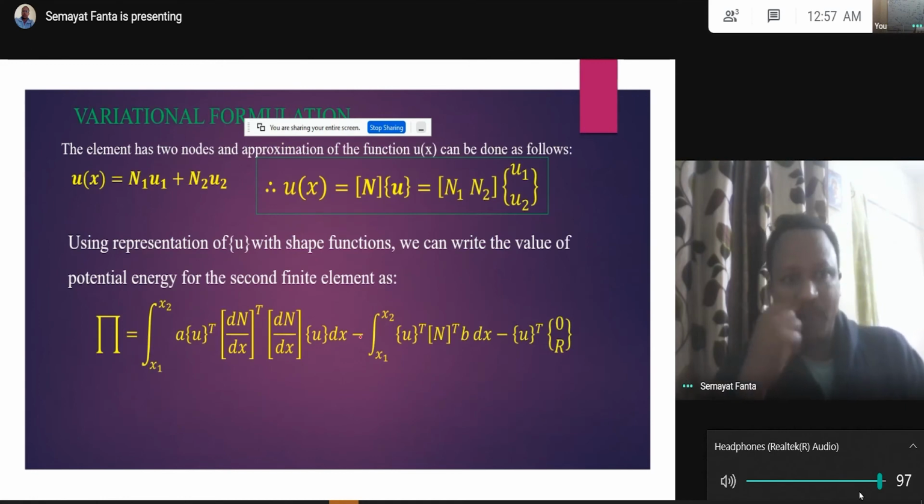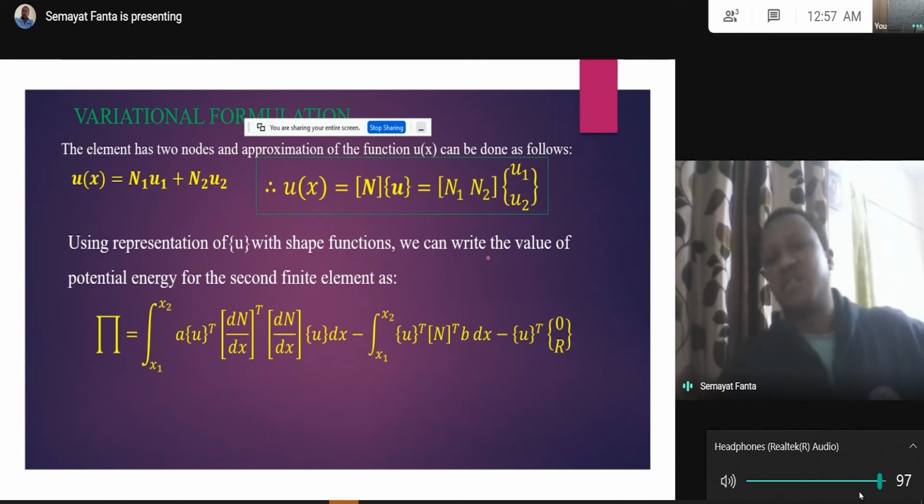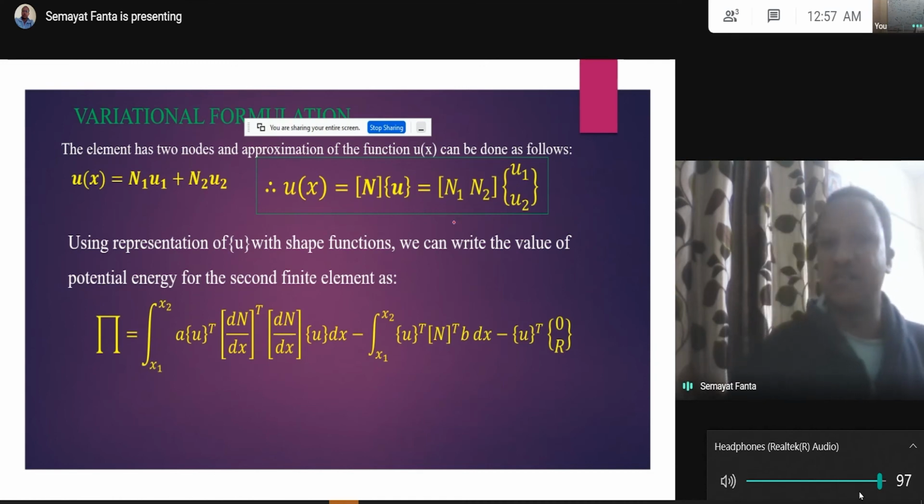The diagram has two nodes, and approximation of the function of x can be done in this form, because this was already calculated in the first portion. So u of x is equal to N u.